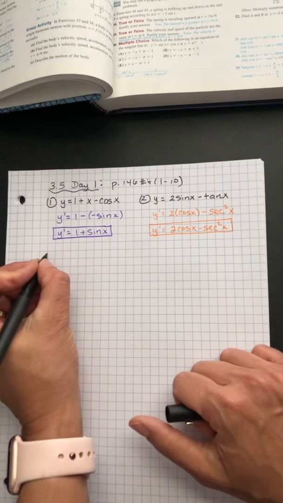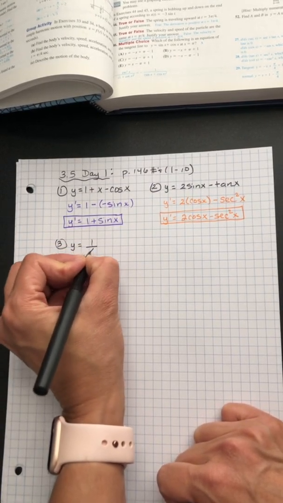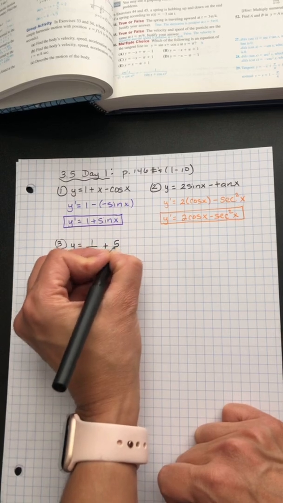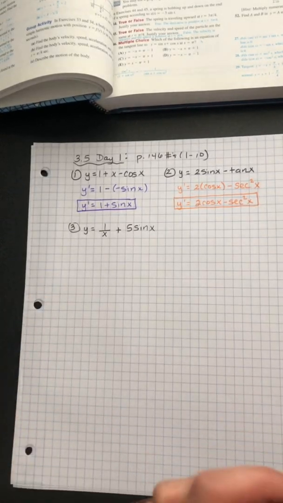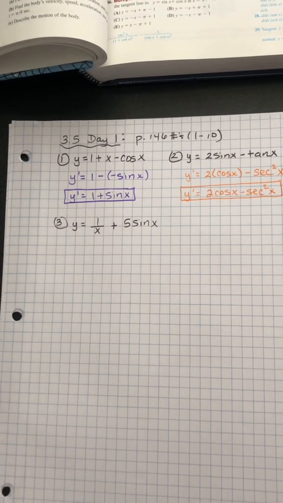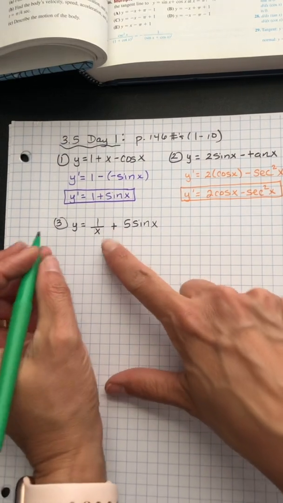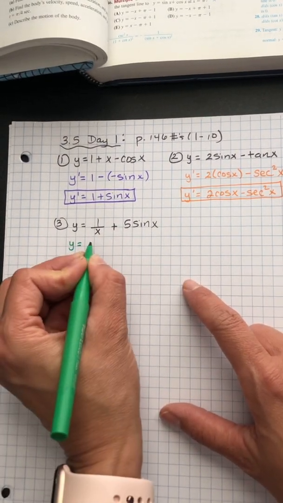Number 3, y equals 1 over x plus 5 sine x. Okay, so before we take a derivative, let's rewrite this so that it has a negative exponent instead of that fraction there.